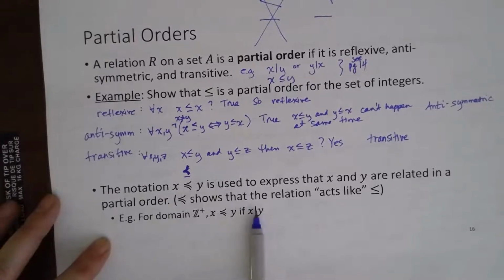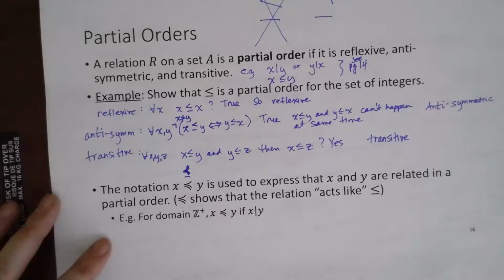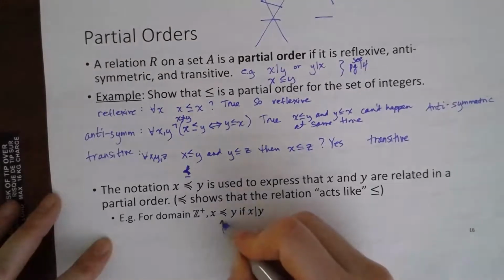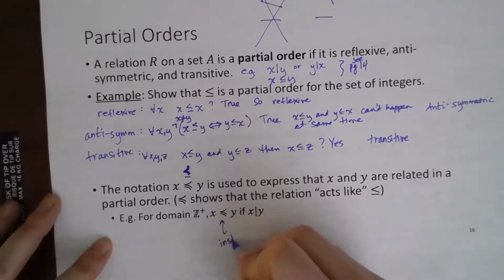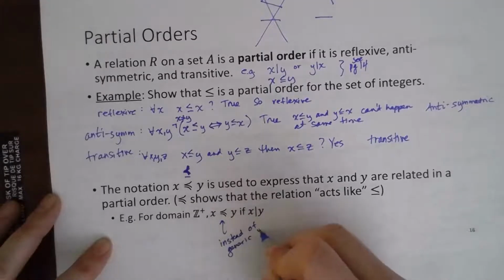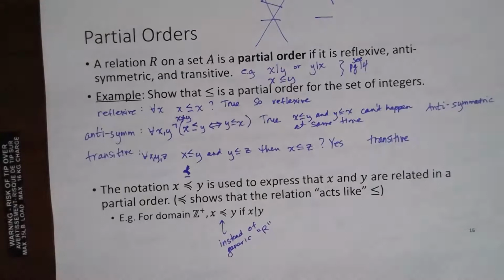And we already know this is a partial order. We saw that on the previous page. We're just using this instead of the generic R. So that conveys more information. Oh, this is a partial order.